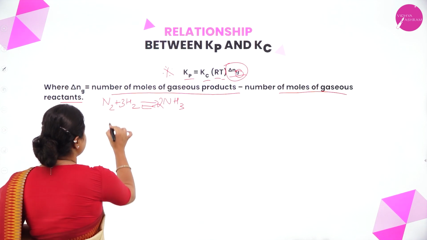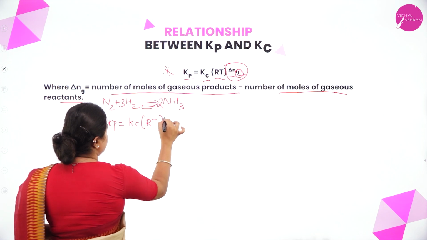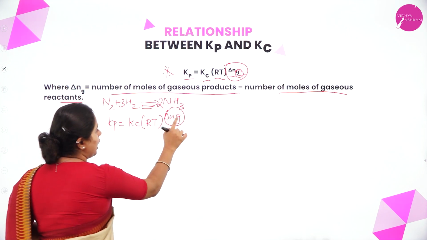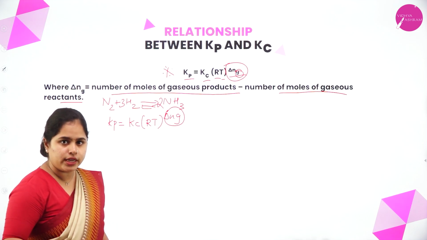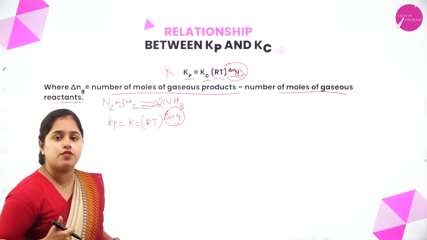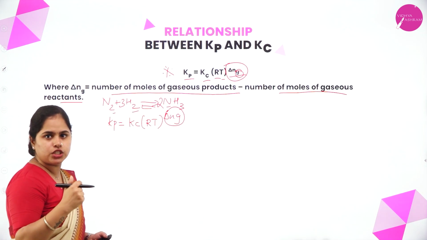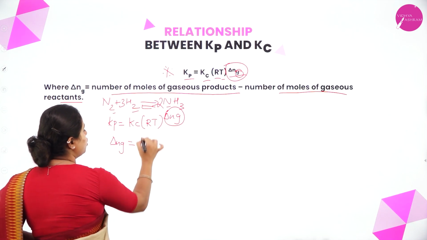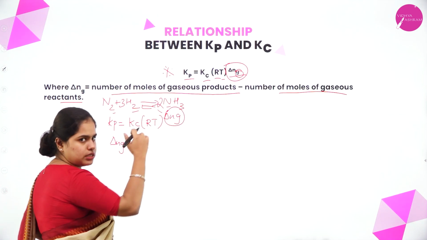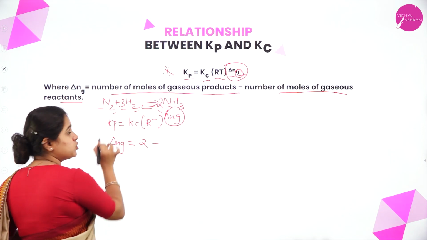We have to substitute in this equation Kp is equal to Kc into RT raised to delta Ng. So how do we calculate delta Ng is the question. It is the number of moles of products in gaseous phase minus the number of moles of reactants in gaseous phase. So nitrogen, hydrogen and ammonia, all of them are in gaseous phase. Right. So delta Ng, how do you calculate? It will be equal to 2. Number of moles of products is 2, right? Minus number of moles of reactants, it is 3 plus 1, right?